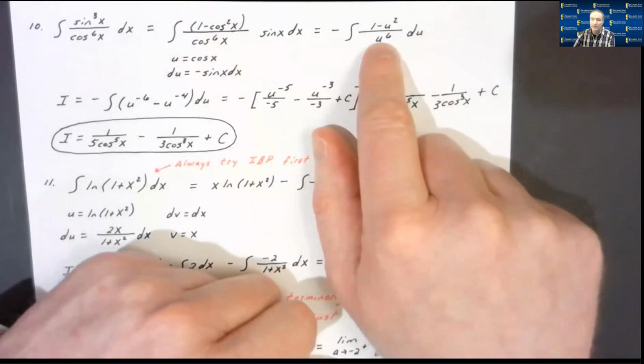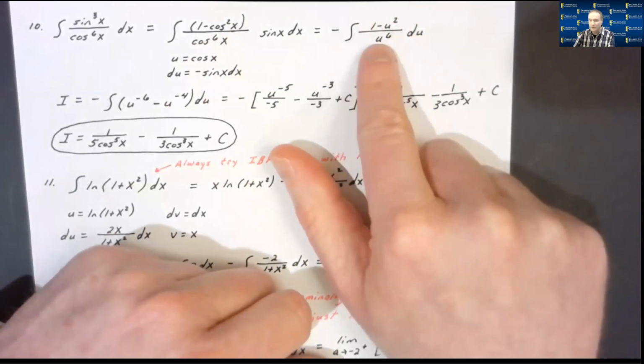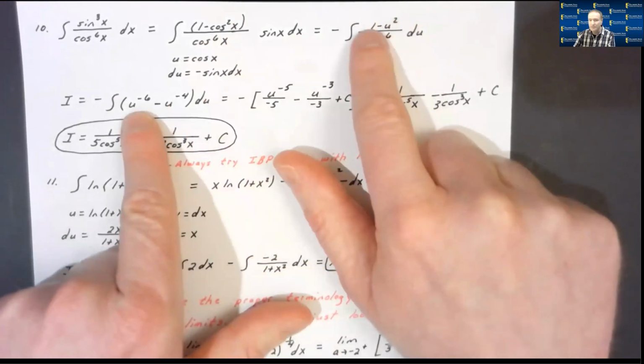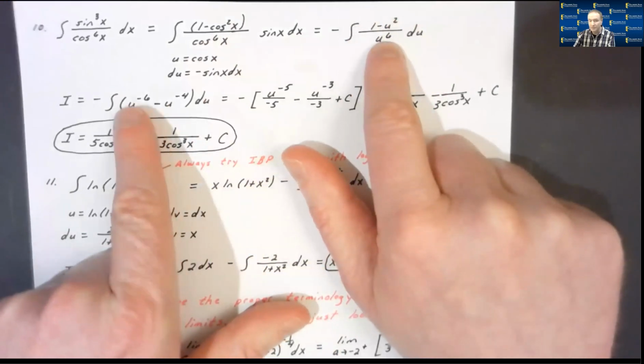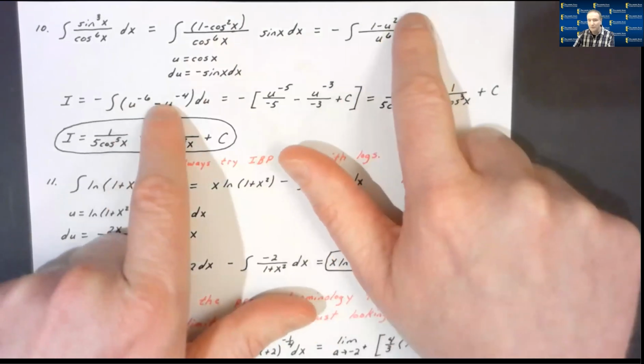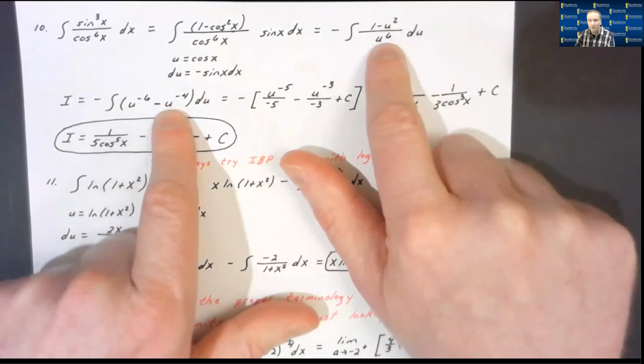Now you need to remember, anytime you have a binomial divided by a monomial, that monomial can distribute to both terms in the numerator. So this becomes 1 over u to the sixth, which is better written as u to the negative sixth, minus u squared over u to the sixth, which is better written as u to the negative fourth.